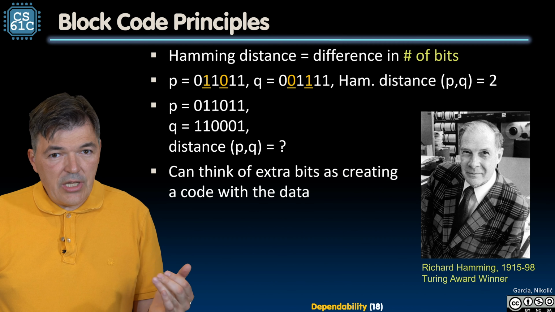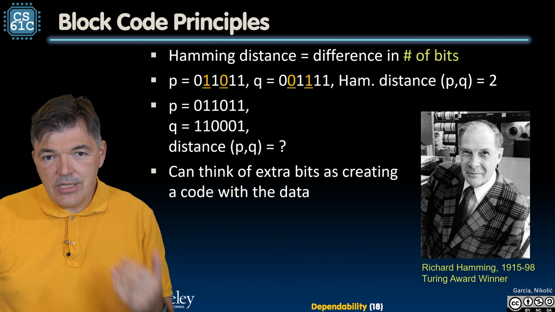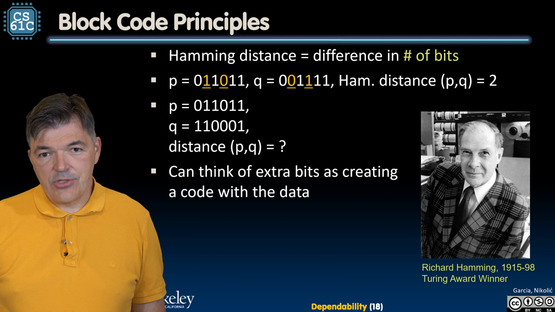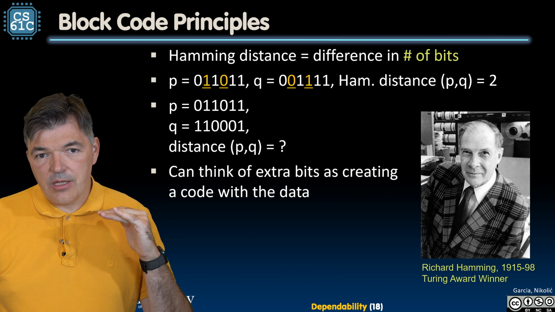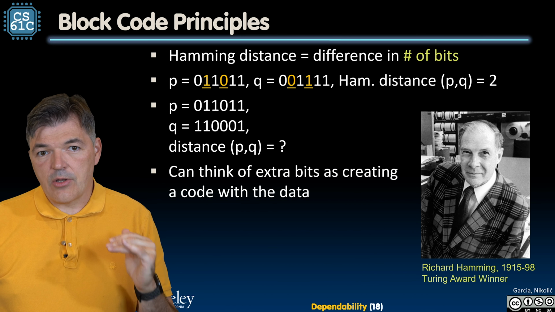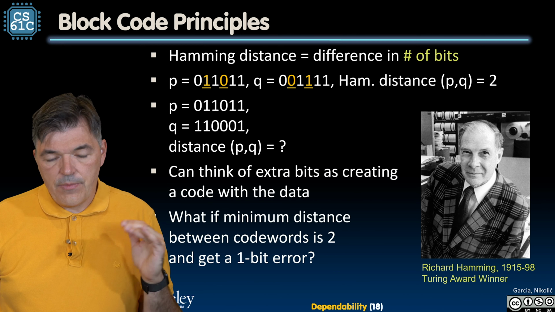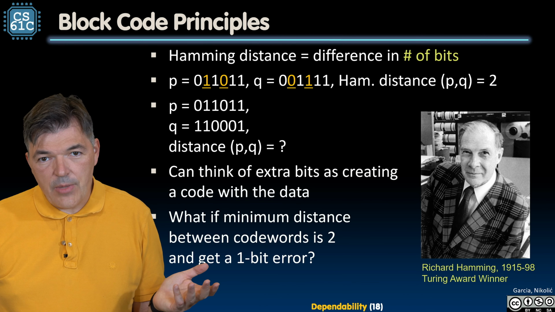What we are trying to do here is to not completely utilize all of our storage to store just different binary numbers. We would like to store code words that are sufficiently different from each other such that they have, say, a Hamming distance of 2.